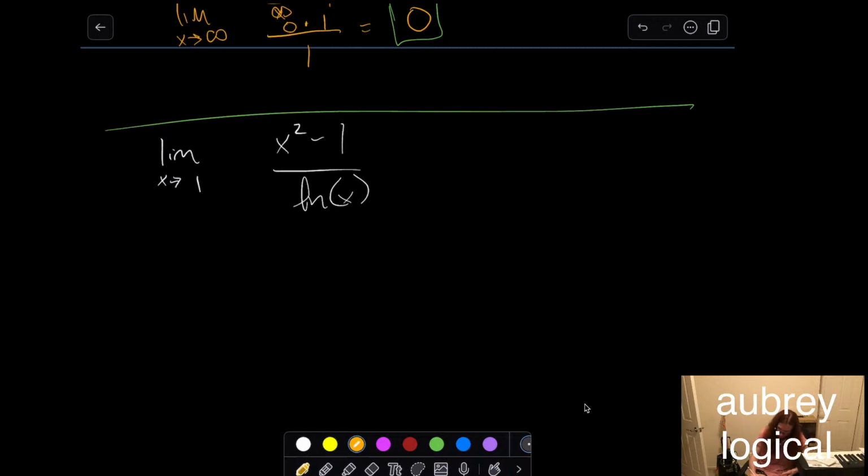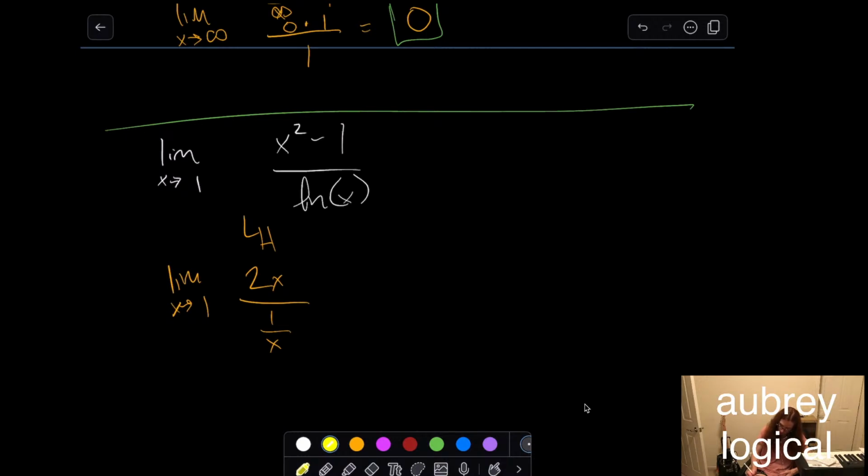And we are going to use L'Hopital's rule because we have our nice quotient. So once again, we are taking the derivative of our top function and also the derivative of our bottom function. And as you can see, we're still not going to have any luck.